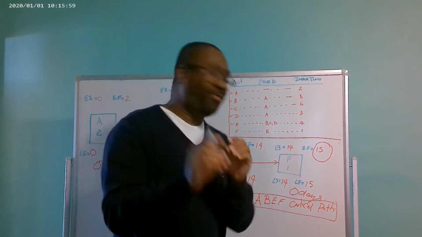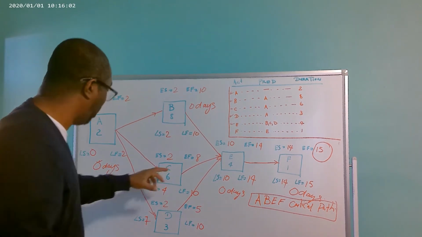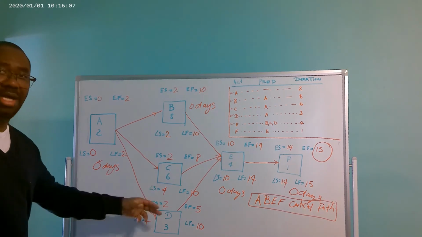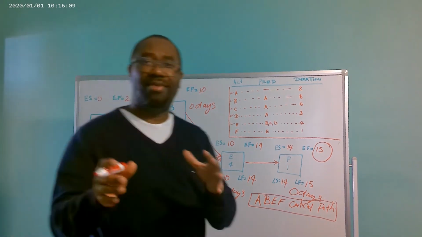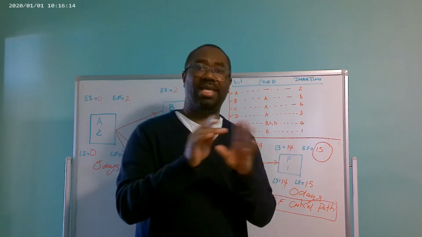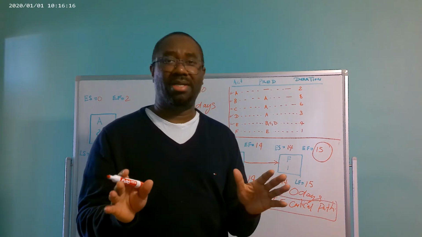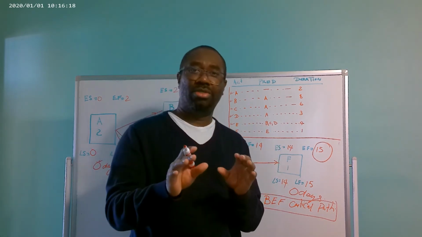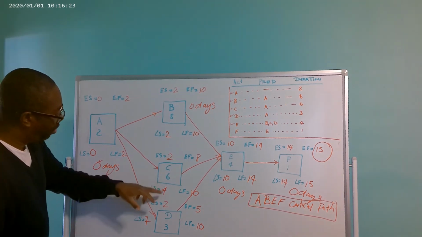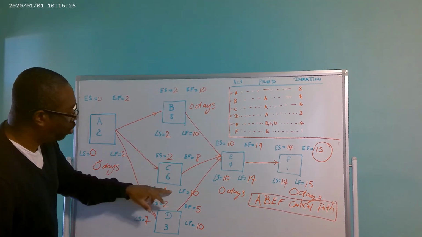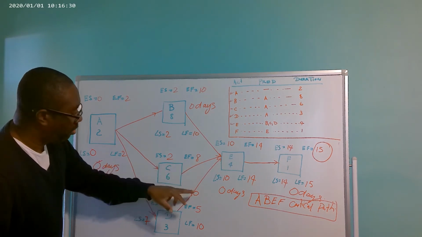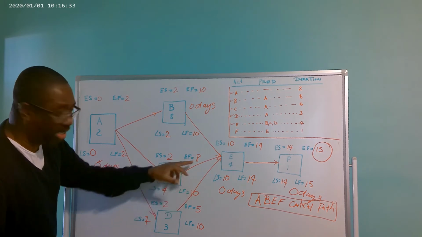Let us check out the float for activity C and activity D, because these two activities are not on the critical path because they have floating days. Activities which have floating days cannot be on the critical path, and that is a point to note, right? So we have here 4 minus 2 is 2, 10 minus 8 is 2, right?